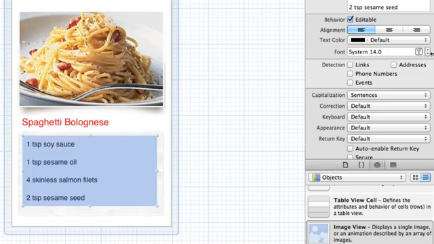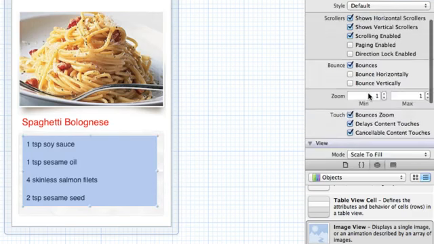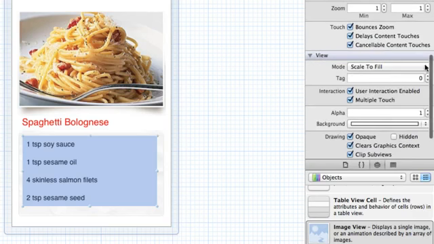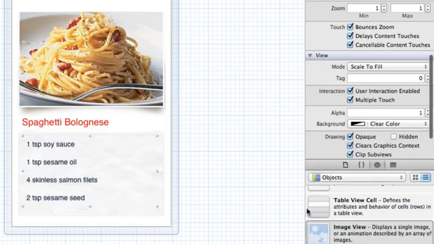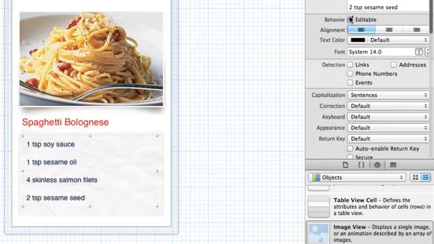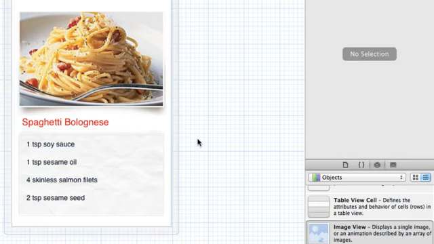To do that, I'll select that and then go to the side here and select the background and then choose the clear color, so that makes it transparent. We don't want to be able to edit that, so I'm going to take that out, and we're done. I think.